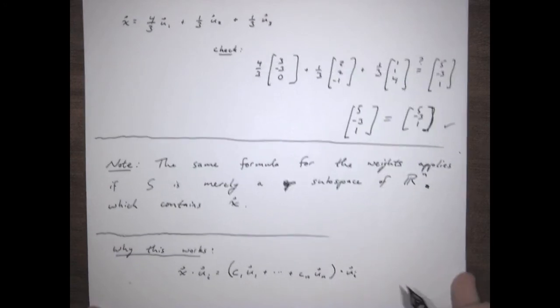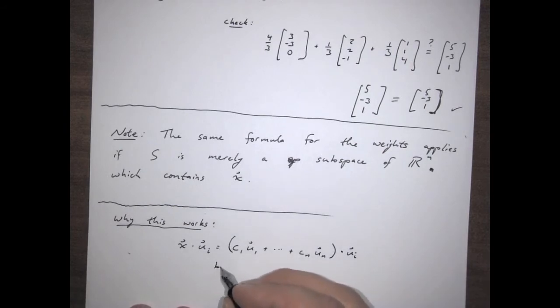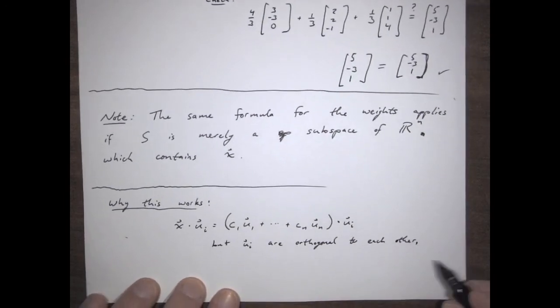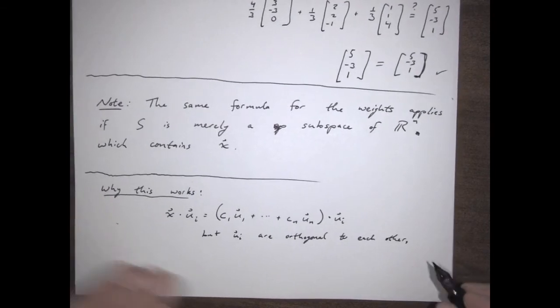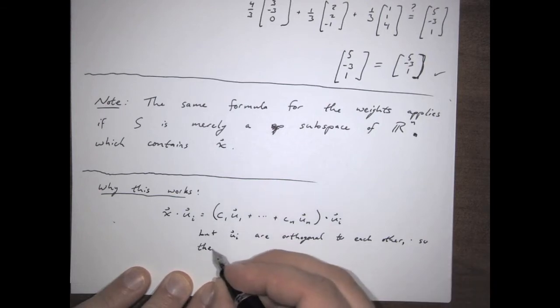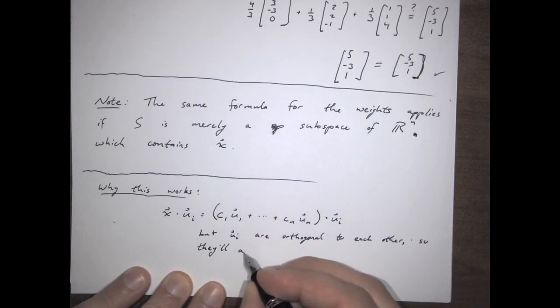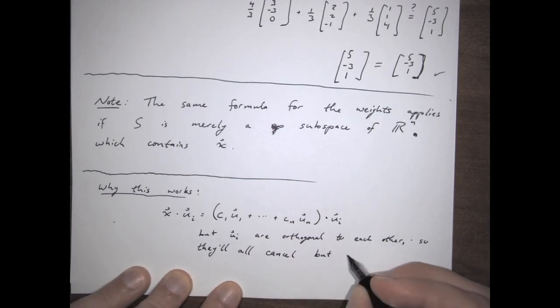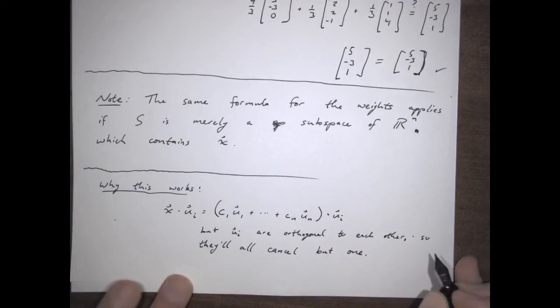But the UI are all orthogonal to each other. So they'll all cancel but one.